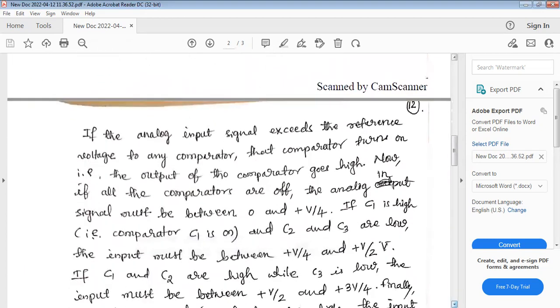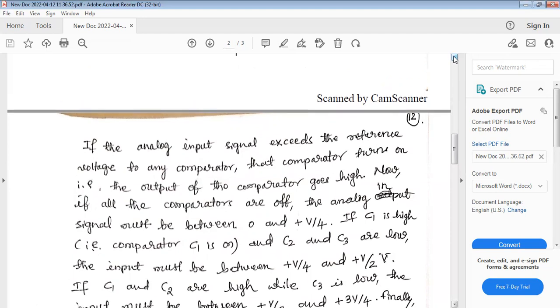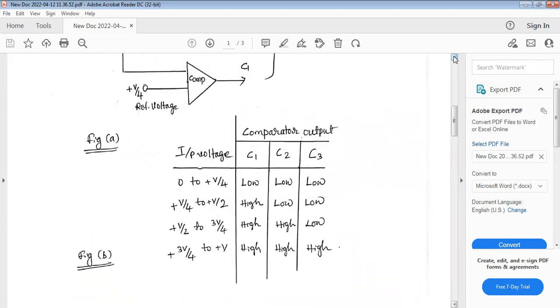If the analog input signal exceeds the reference voltage of any comparator, that comparator turns on, that is, the output of the comparator goes high. Now, if all the comparators are off, the analog input signal must be between 0 and plus V by 4. This I will show you with this diagram.